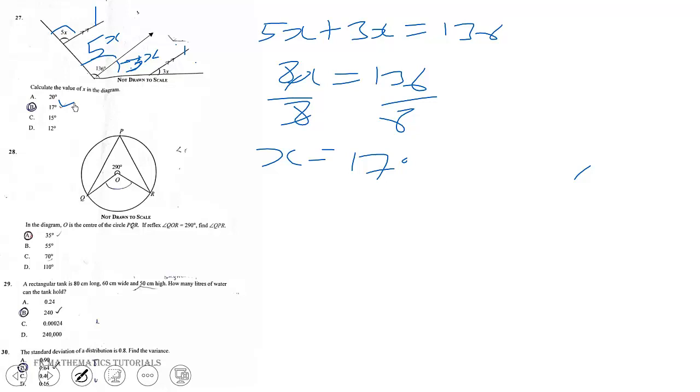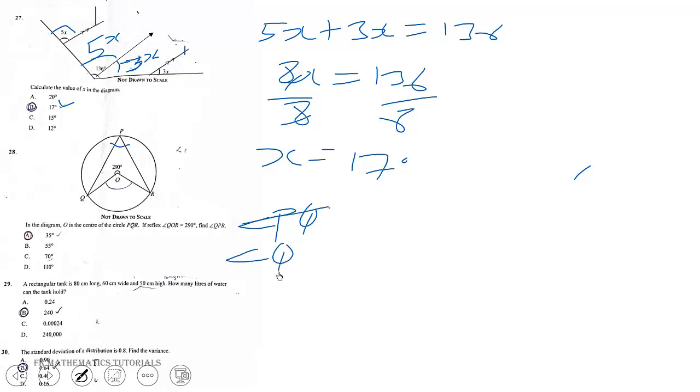In the diagram, O is the center of the circle PQR. If reflex angle QOR is 290, find the angle QPR. So we are looking for this angle here, angle QPR.